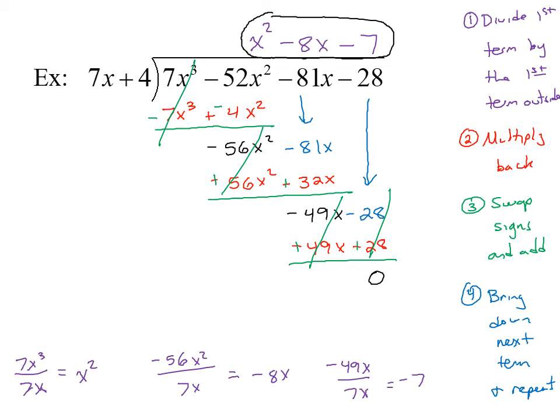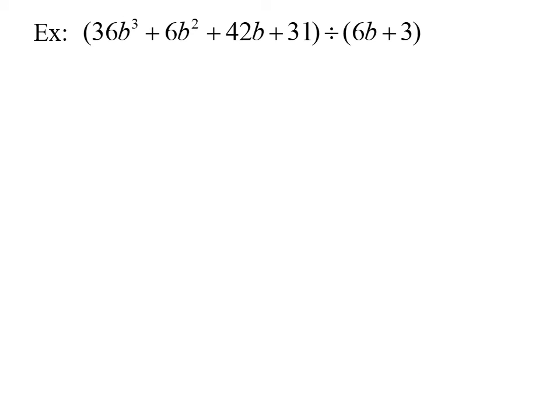So I'm going to show you a couple more of these just to give you a few more examples to look at. This one's written in a different format, so I'm going to rewrite it to look like the previous one. So instead of this long polynomial divided by 6b plus 3, I'm going to write the 6b plus 3 out in front using the same sort of notation we did a while ago.